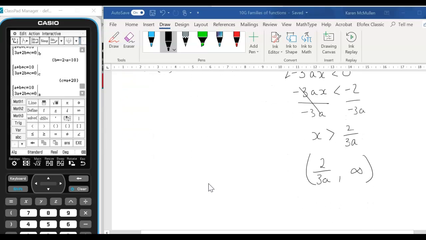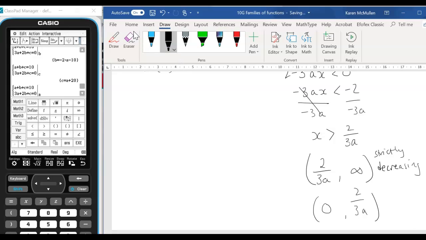I might just write that here. So that means on the other side of 2 over 3a, so that means 2 over 3a is going to be your maximum.